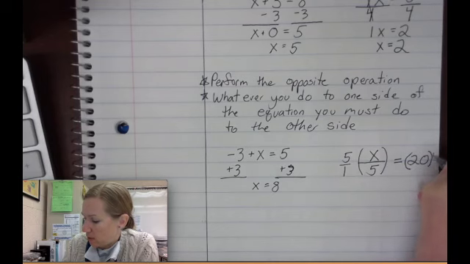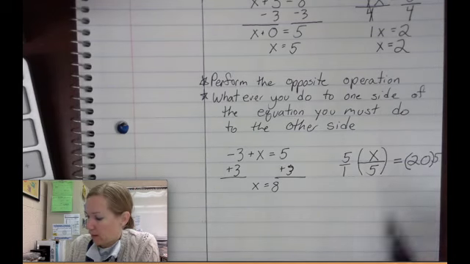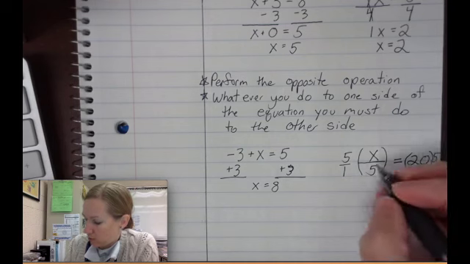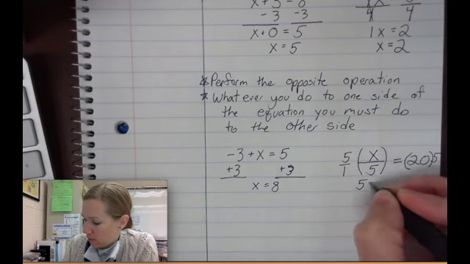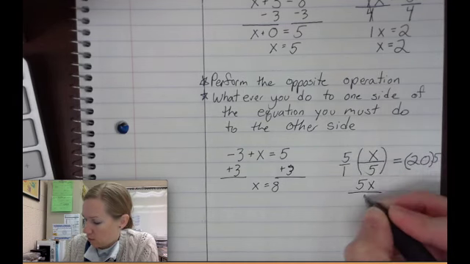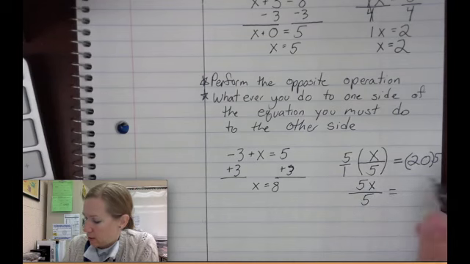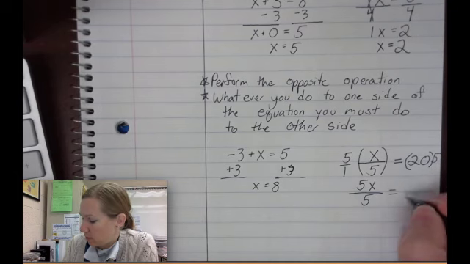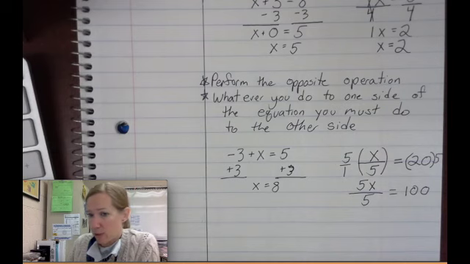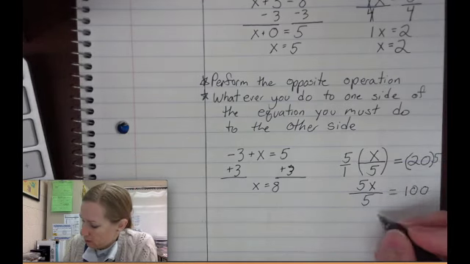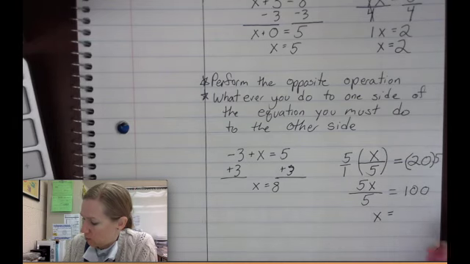And I have to do that to the other side, once again, so we can multiply straight across. We've got 5x over 5 equals 20 times 5. Sorry, I don't know why I went so large. And so 100. So these divide to be 1, so we get x equals 100.